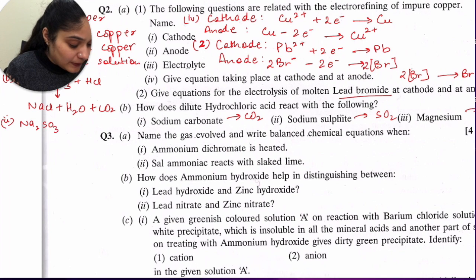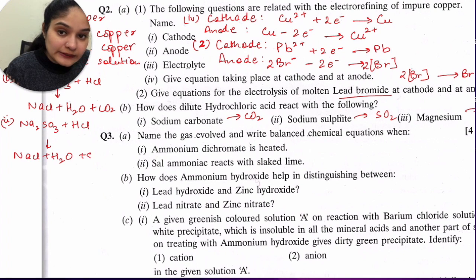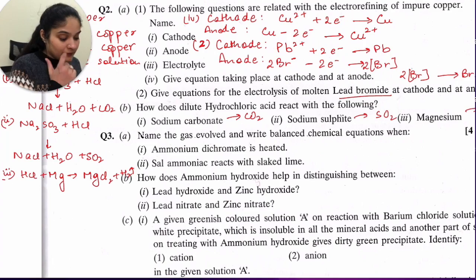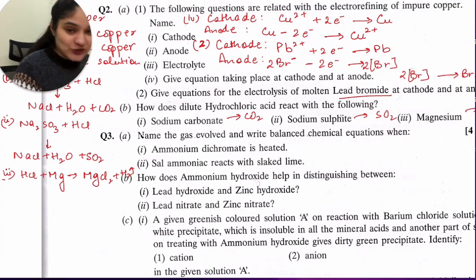Na2SO3 plus HCl will give me NaCl plus water plus SO2. The third part is magnesium. So HCl plus magnesium will give me MgCl2 plus hydrogen gas. I hope question 2 makes sense.